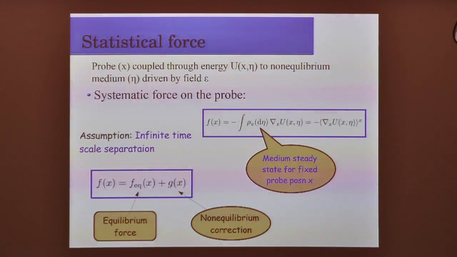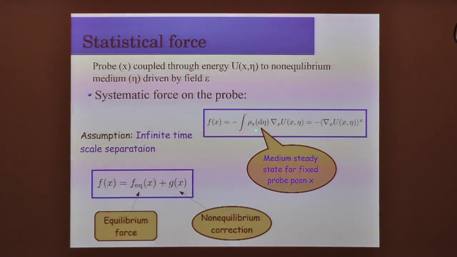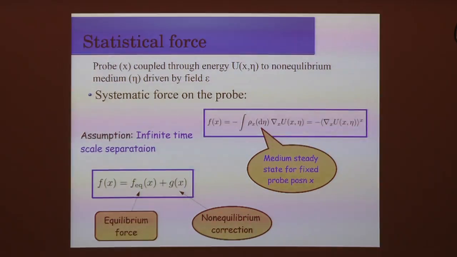For a given position of the probe, under this assumption of infinite time scale separation, the eta degrees of freedom relax instantly to some distribution rho_x, which is not the Gibbs distribution because they are driven. We calculate the force on the probe from this joint energy U(x, eta), and then we average over these eta degrees of freedom. That is my definition of statistical force on the probe for a given position x. Is it clear what exactly I mean by the statistical force?